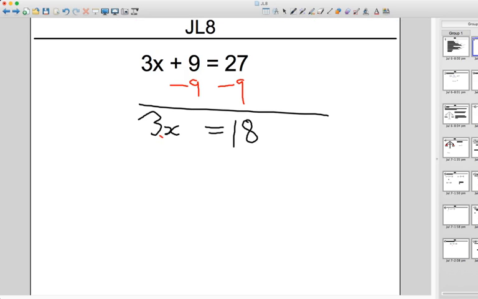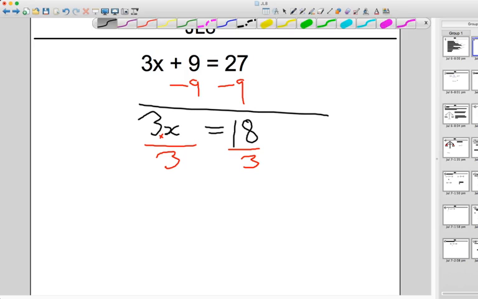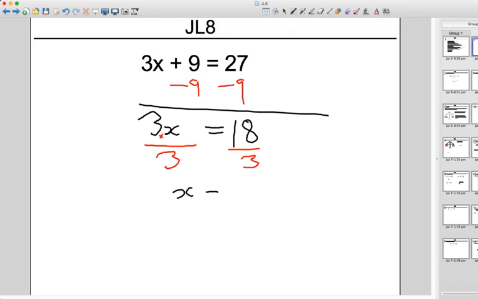This means 3 times x. I'm going to divide by 3. Divide by 3. X equals 18 divided by 3, 6.